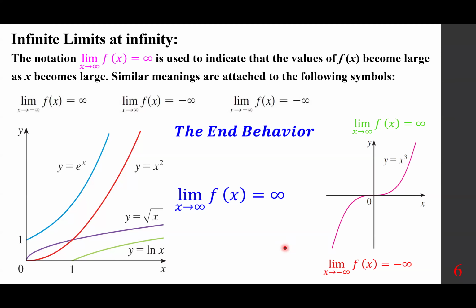You get infinity over infinity. And the technique is to divide by the highest degree term in the denominator, t squared. So we are going to divide every term by t squared and simplify each term accordingly.